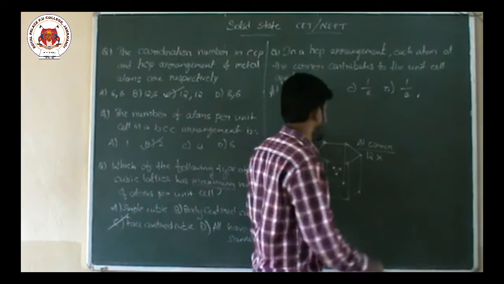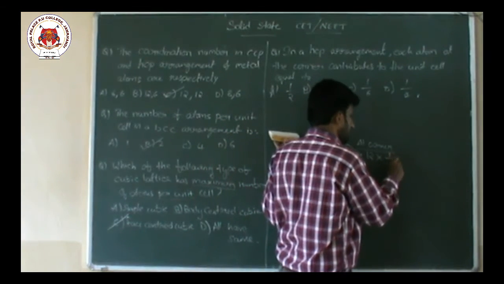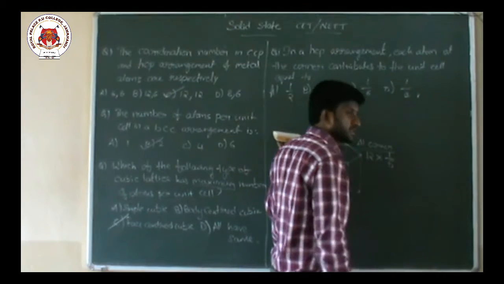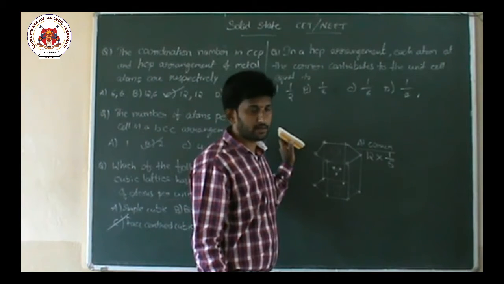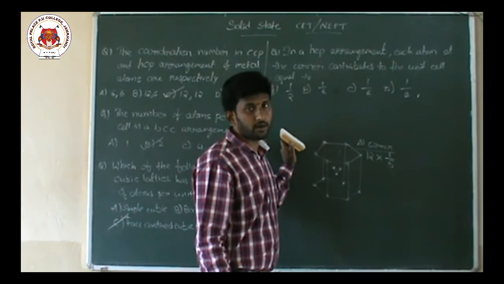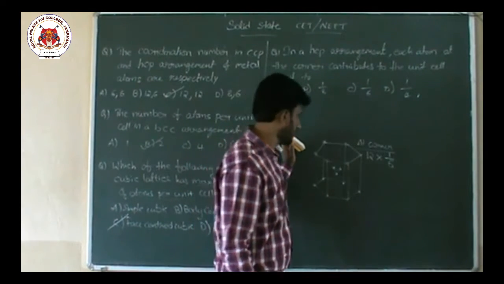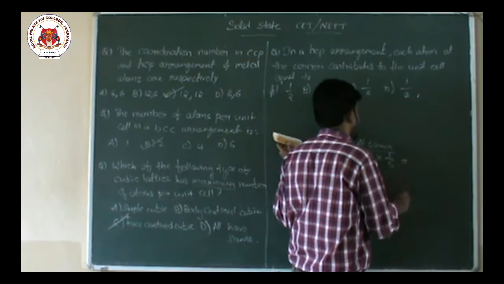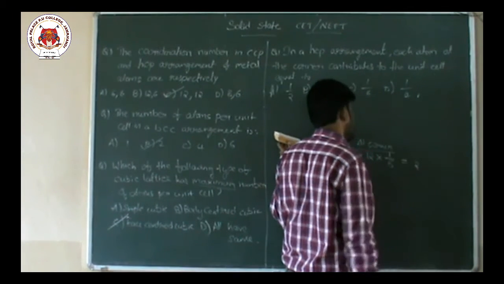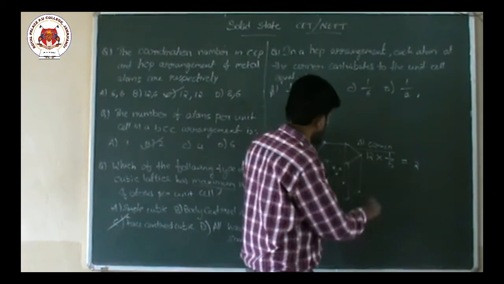That means for HCP, the contribution at corner is 1 by 6, not 1 by 8. For a cubic lattice it is 1 by 8, but for HCP, corner contribution is 1 by 6. That means 12 by 6, which is 2.